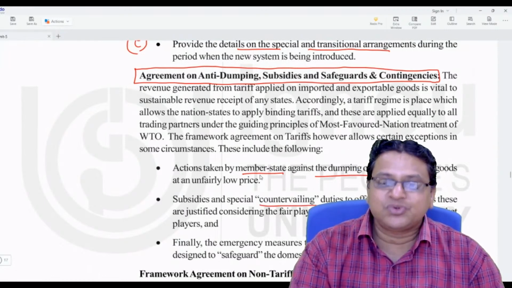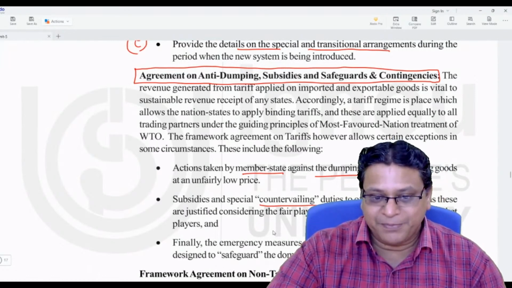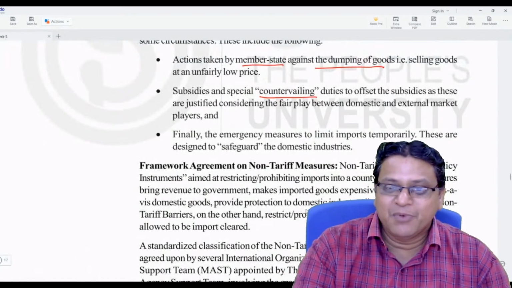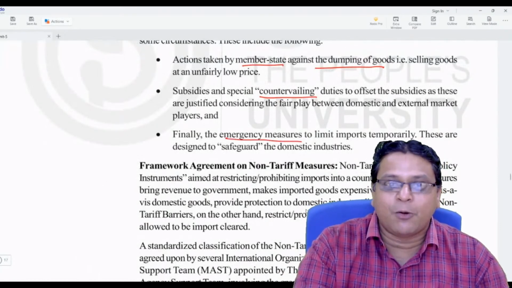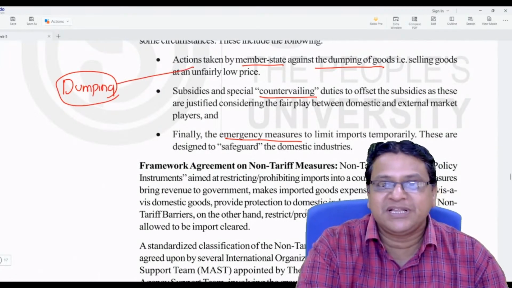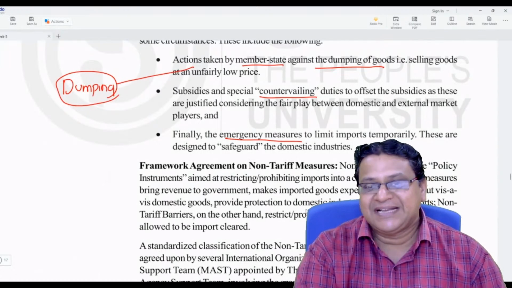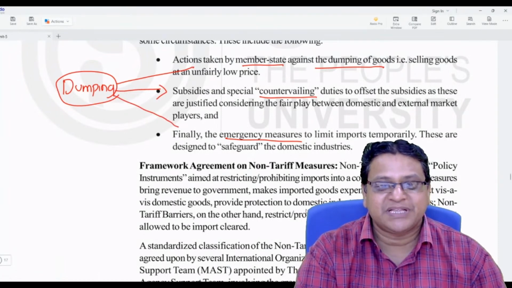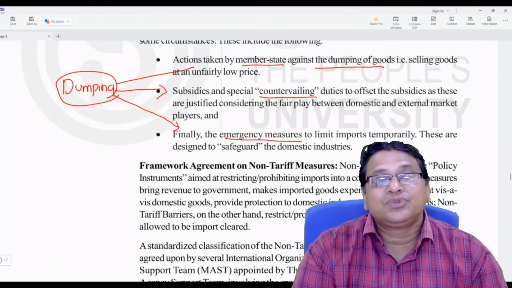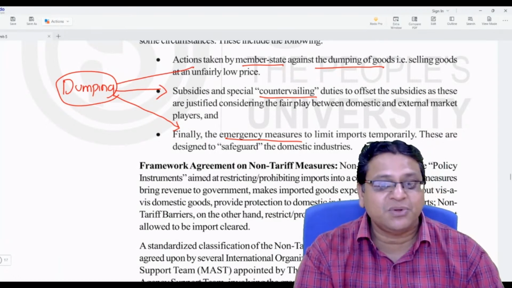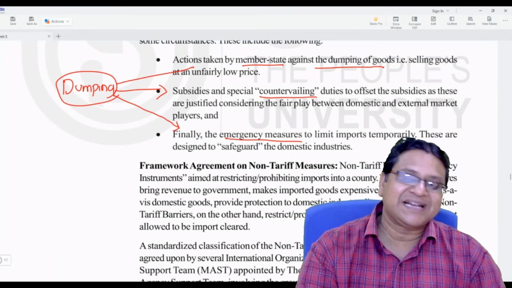They can charge countervailing duties in case of dumping, and they can also take safeguards, emergency measures. So if there is dumping, there can be 3 types of measures: anti-dumping duty, CVD duty, and emergency measures. The situations where these can be taken and the procedure are mentioned in the agreement.